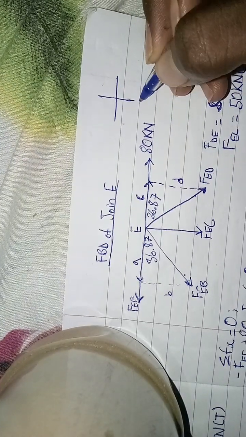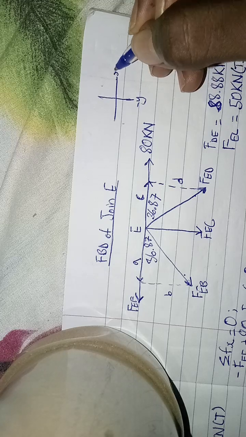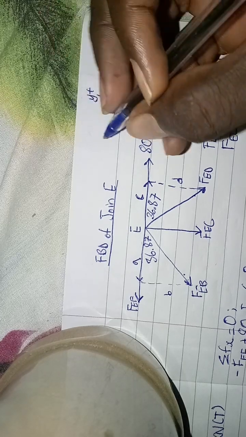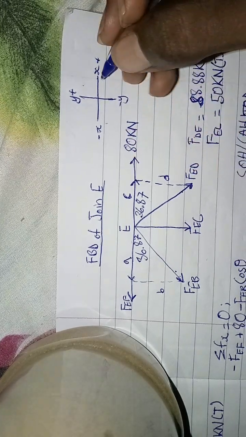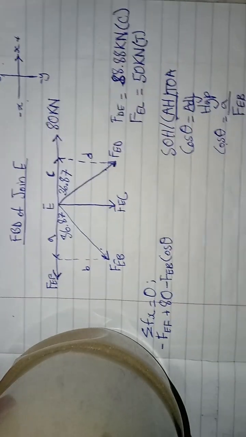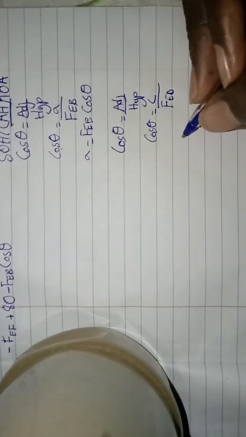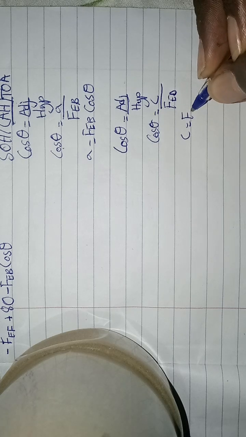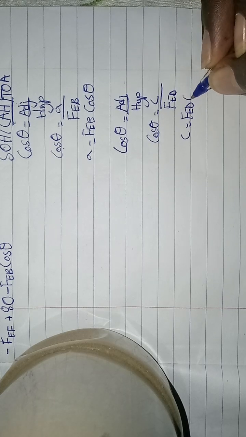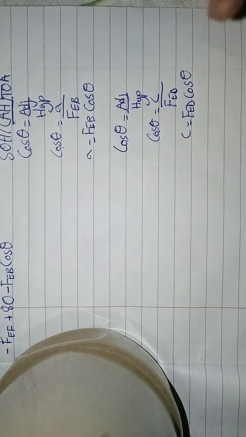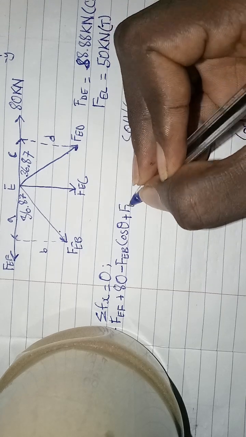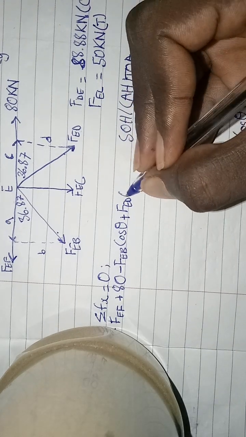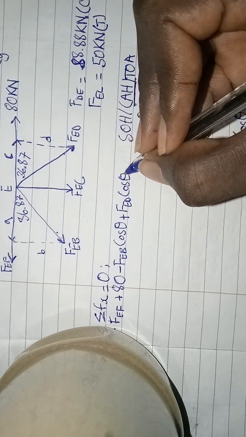So this is the sign convention. It is pointing to the positive direction. We are going to get C equal to force ED cos theta. So plus force ED cos theta, equal to 0.